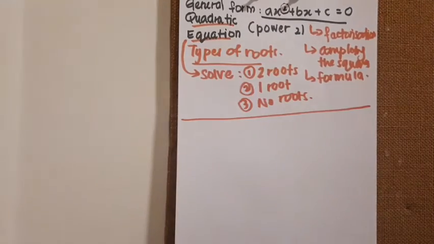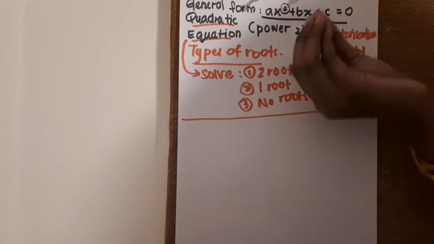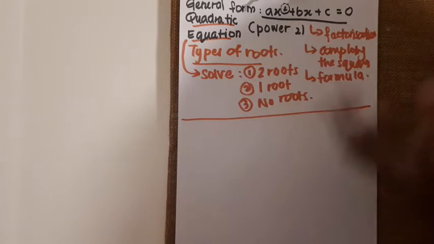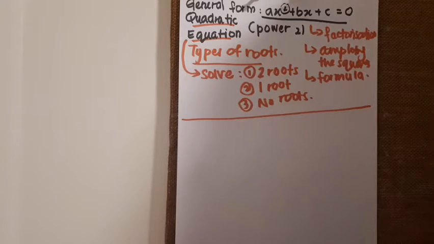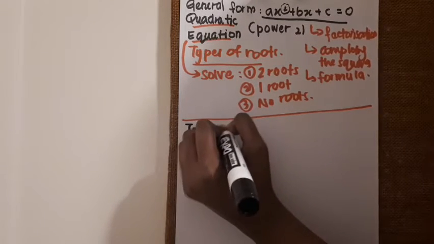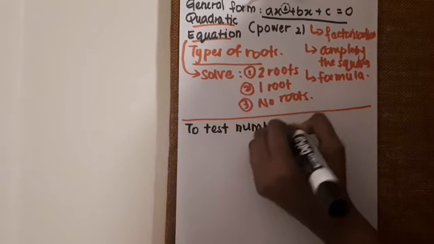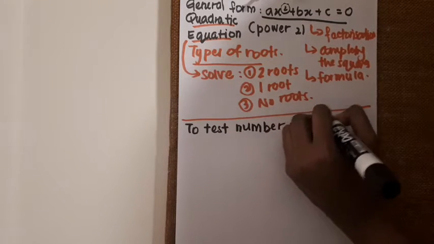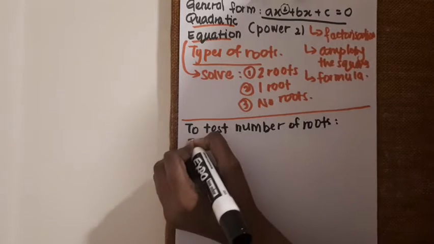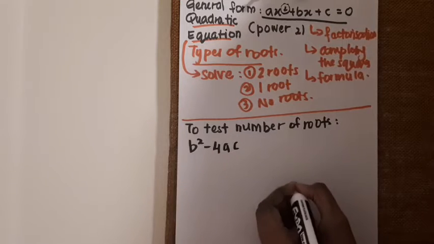Right now we will look at 3 examples where we can simply find out whether an equation has 1 root, 2 roots or no root at all. To test the number of roots, we have a formula we can follow: b squared minus 4ac.